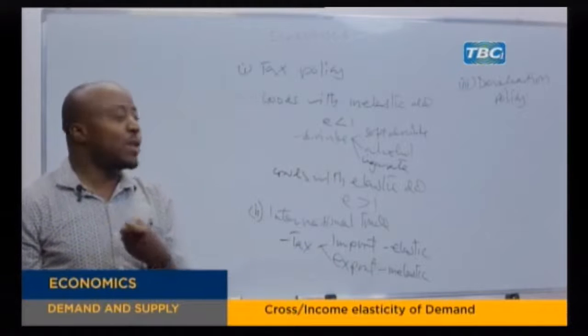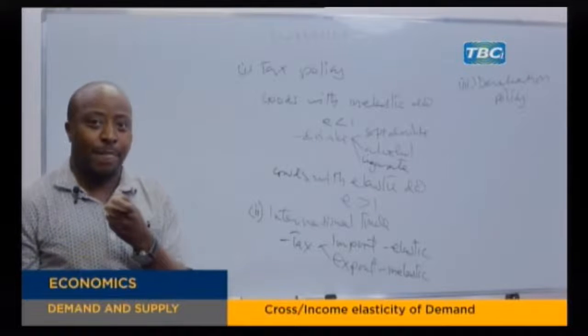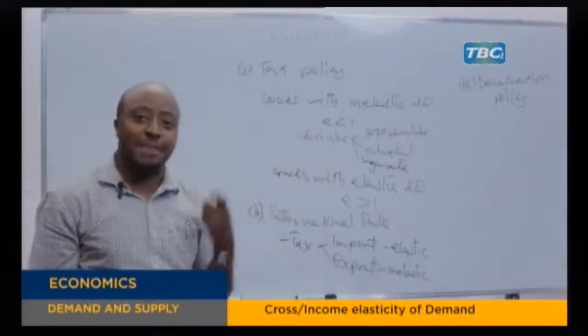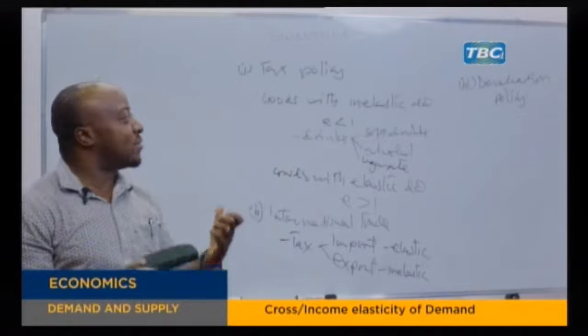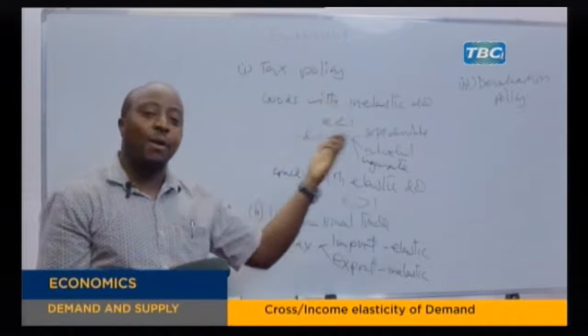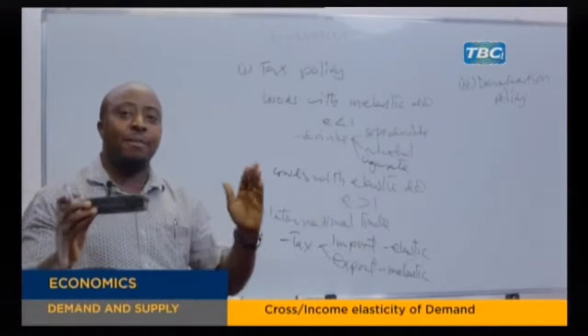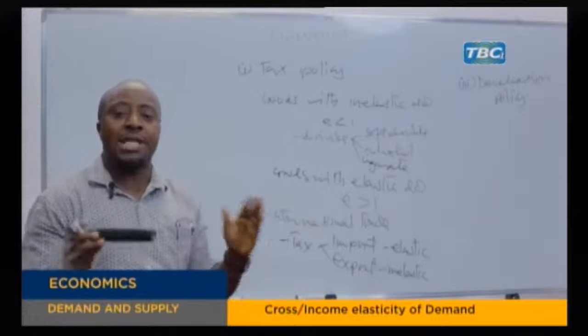Because when we lower the currency, export becomes cheap, while import becomes expensive. So the aim of the government is to make sure that after devaluing currency, export increases while import falls. The aim is to make sure that we have a favorable balance of trade or balance of payments.